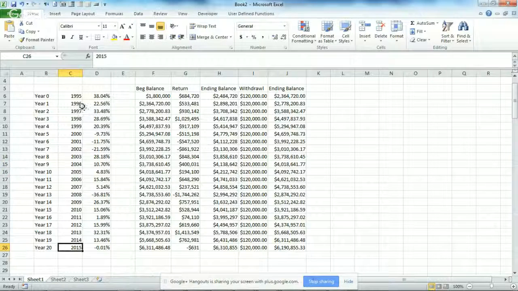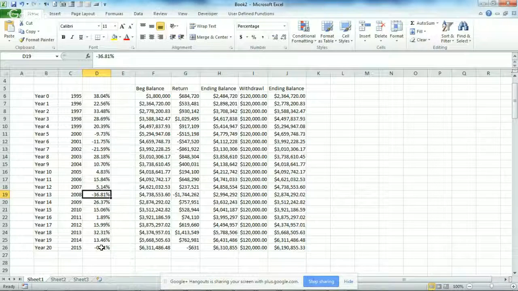So that's really good, considering that we had two bear markets, from 2000 to 2002, where there were negative returns. And then the other big one was 2008, where there was a 36% decline.